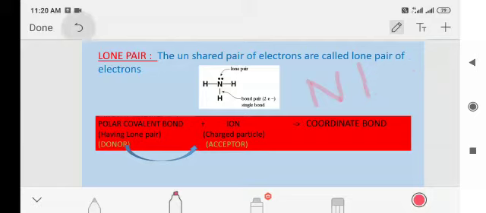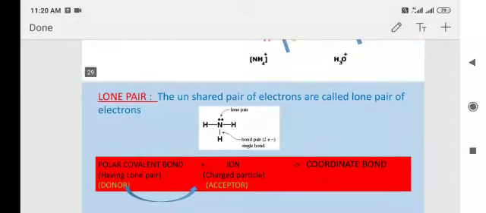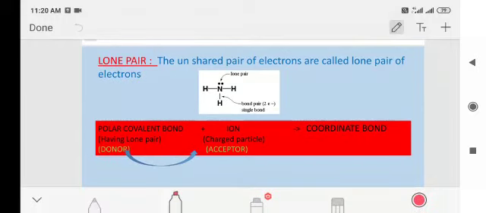This pair of electrons, which is not shared, is called a lone pair. One pair of electrons has not taken part in bond formation. So in the ammonia molecule, one lone pair is there.